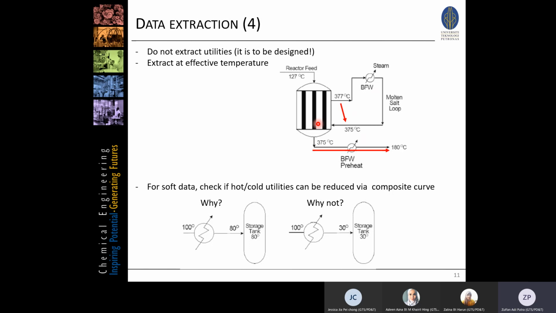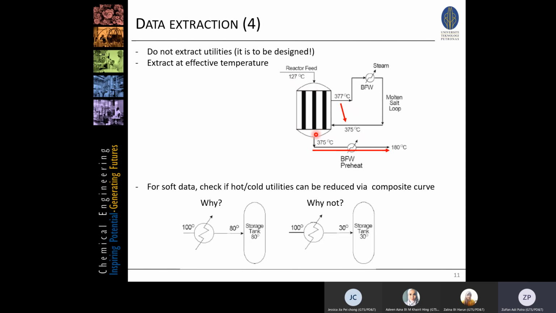In this particular case, this 377 seems like 377, but if we look at this reactor, we can safely assume that the reactant feed is going through the tubes and the molten salt is going around.